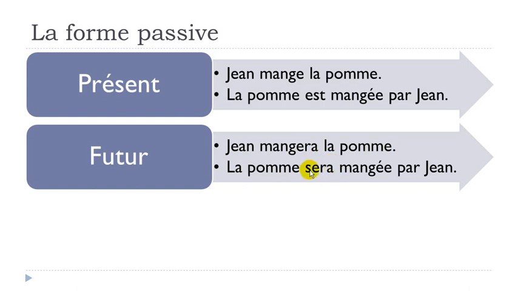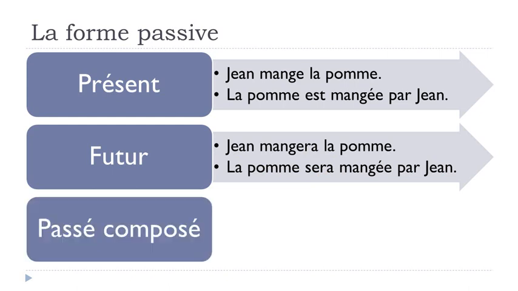So you definitely should know by heart all the forms of être, and obviously avoir, but not avoir for this lesson, but still. You should know them by heart because you will have to use them. For instance, in this passive form, you must use them. So la pomme sera mangée par Jean. So the rest doesn't change. That's the only thing that you will have to change. You put this être form at the correct tense. In that case, it's the futur.